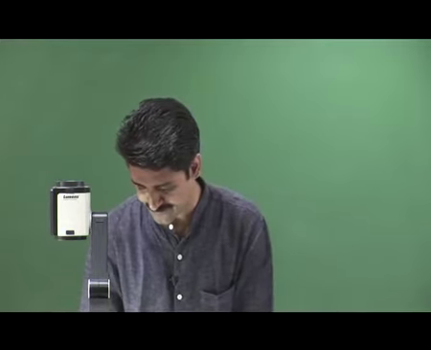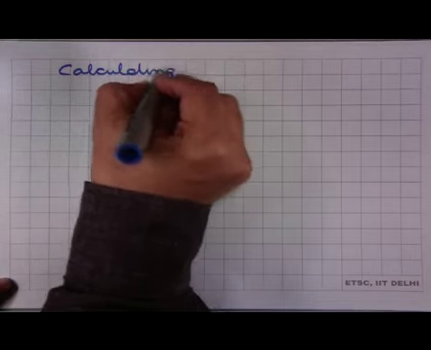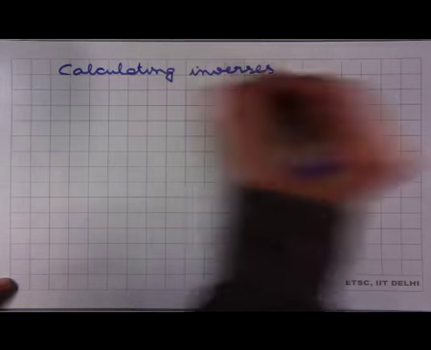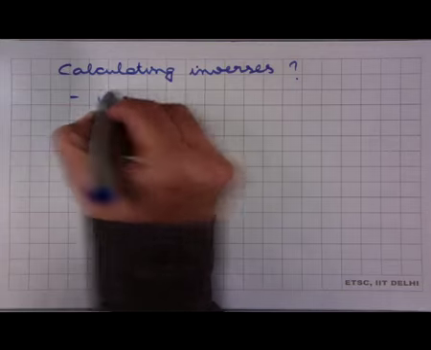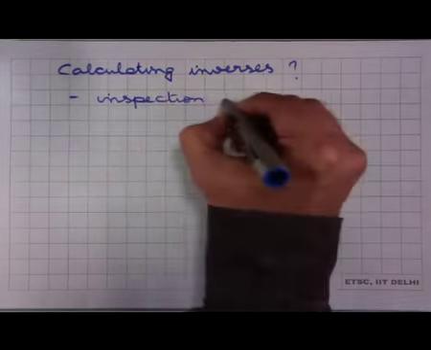Calculating inverses, right. So, what are the ways? The ones that we have seen is by inspection, and that happens in some cases.